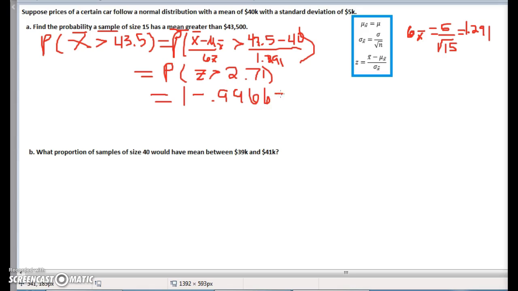Doing that in the calculator, we get equals 0.0034.